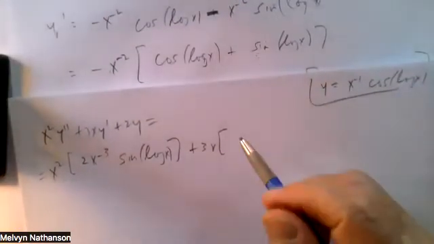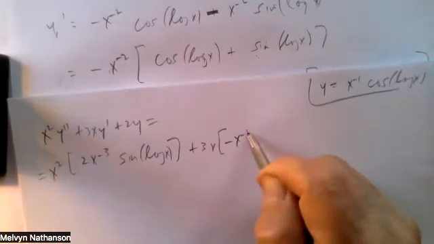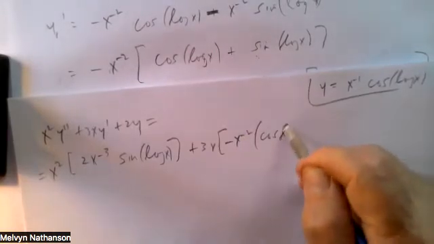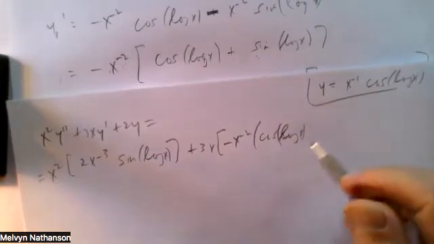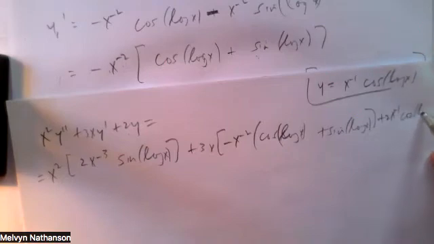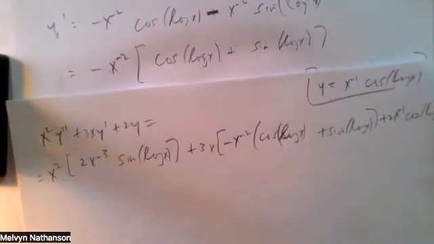Here was y prime: minus x to the minus 2 times cosine of log x plus the sine of log x, plus 2y, which is 2x inverse cosine of log x.